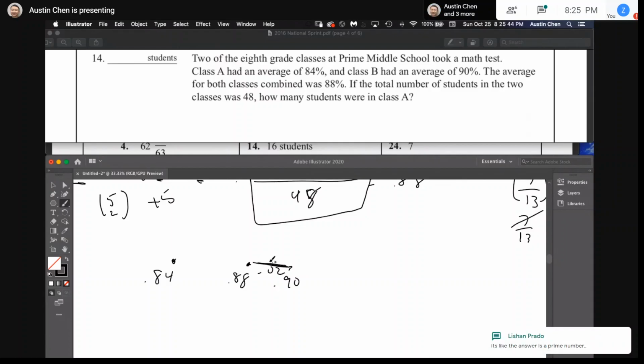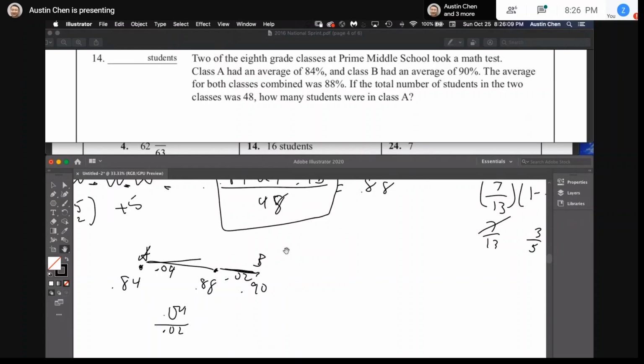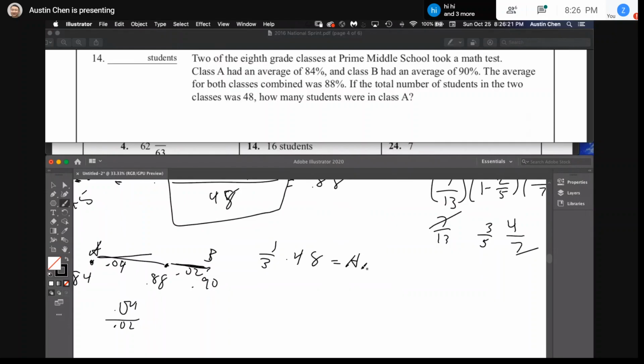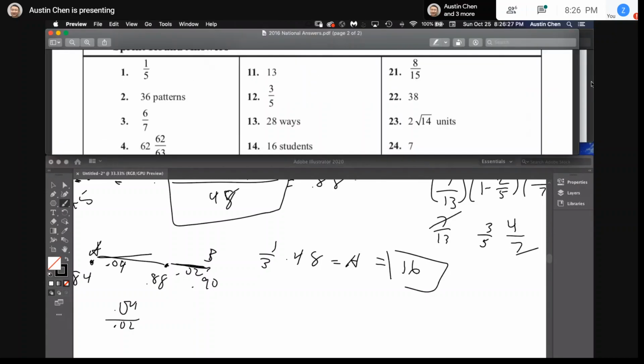This is 0.02 away from B. This is 0.04 away from A. So what this is saying is that the B students have to be weighed 2 times as much as the A students from our 0.04 to 0.02 ratio, which means that there has to be 2 times as many students in B than in A, which means that 1/3 of 48 will equal A, which means that A just equals 16, which is our answer.